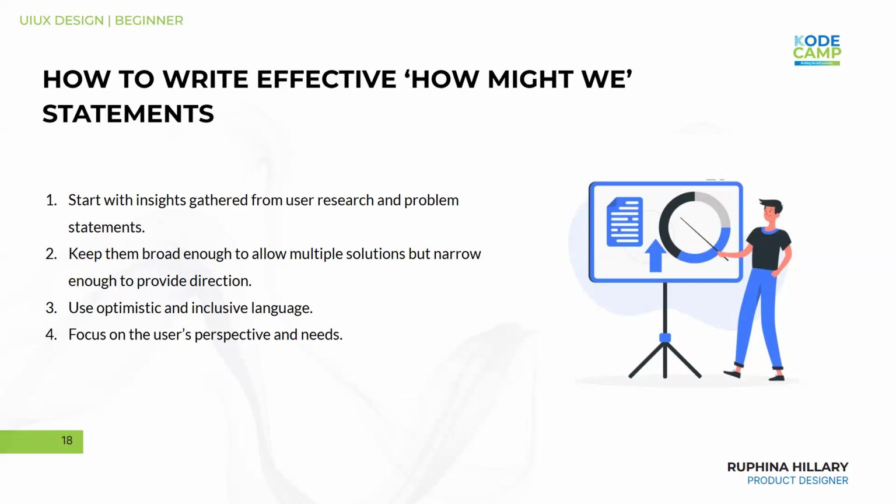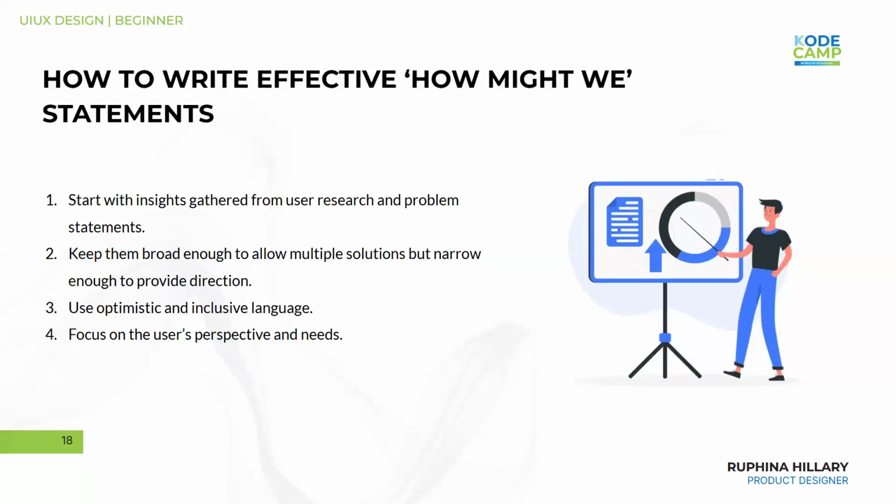So don't start pointing your problem statement at specific features or specific solutions because it limits your ideation. So keep them broad. Keep them broad to usher in brainstorming because it's now a question.